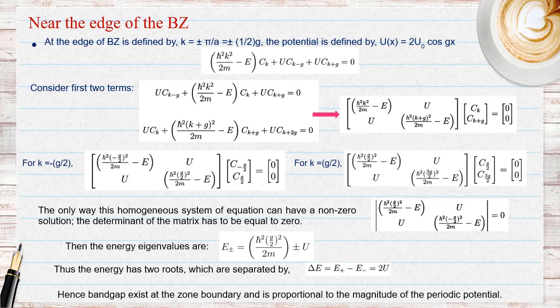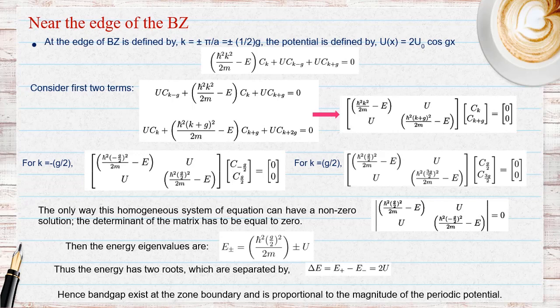Again we consider the simplest cosine potential as we considered earlier, that is U of x is equal to 2U0 cos gx. The set of wave equations: the first one is (h cross squared k squared by 2m minus E) times Ck plus U C(k minus g) plus U C(k plus g) is equal to 0.